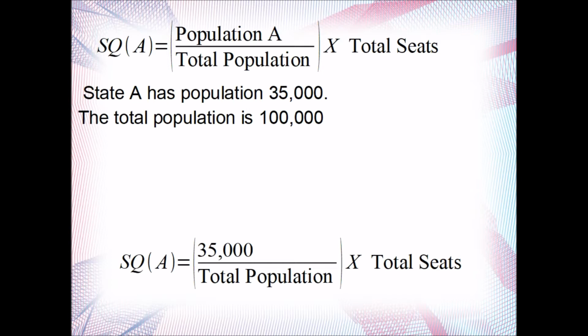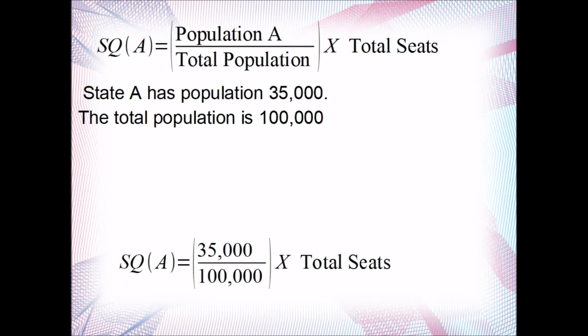Total population is 100,000, and there are 40 seats. So I've just put the numbers in the appropriate spots in the formula, and then just do math. Divide first, then multiply. That'll save you trouble. And this comes out to 14. So that means that the standard quota for State A is 14. We can go through this process for all of the other states in order to find their standard quota.